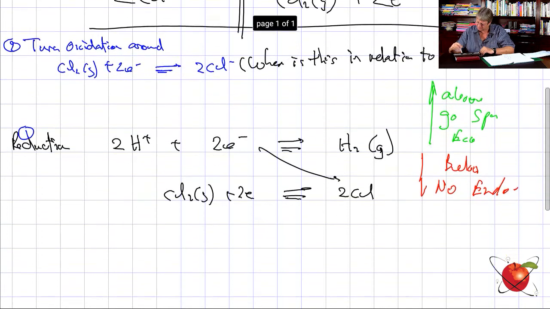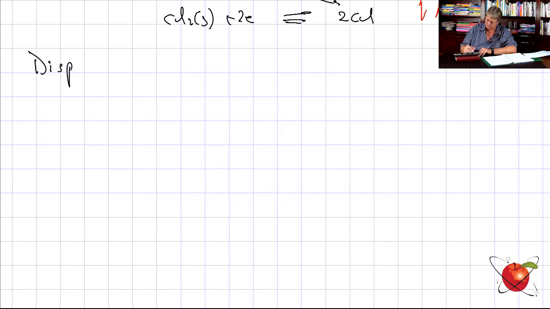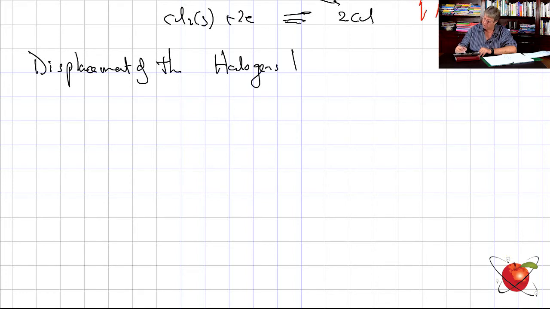Now, let's have a look at the displacement of the halogens by, let's say, each other. Okay, I'll explain.